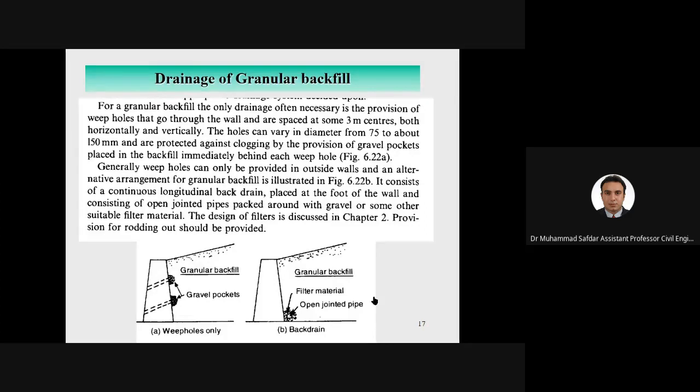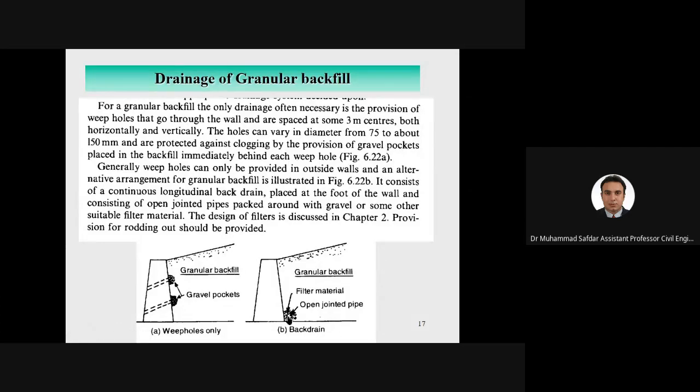Now there are different methods which are used to enhance the permeability of the soil and also to reduce the hydrostatic forces which are exerted onto the retaining wall. So gravel pockets are provided, granular backfill is also provided, filter materials are also provided at the heel of the wall.